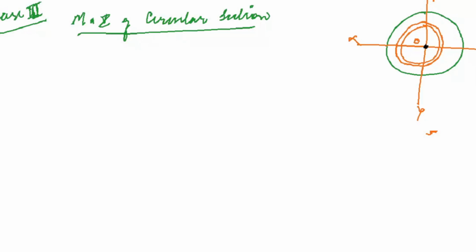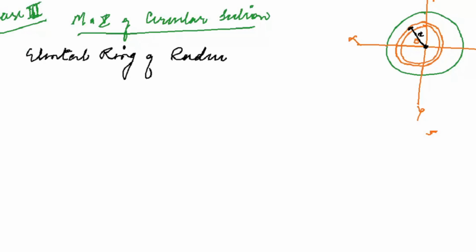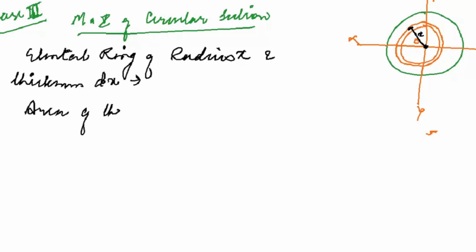Firstly, let's say it is at a distance of x. It is an elemental ring of radius x, and its thickness will be certainly dx. Therefore, in order to calculate the area of the ring, let's mention the actual radius as r.